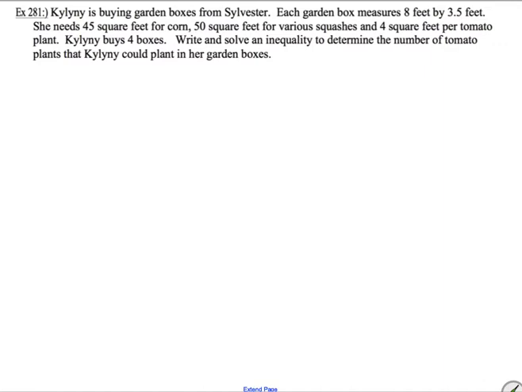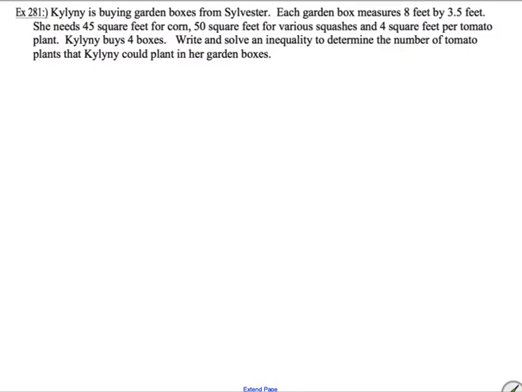Kailini is buying garden boxes from Sylvester. Each garden box measures 8 feet by 3.5 feet. She needs 45 square feet for corn, 50 square feet for various squashes, and 4 square feet per tomato plant. Kailini buys 4 boxes. Write and solve an inequality to determine the number of tomato plants that Kailini could plant in her garden.